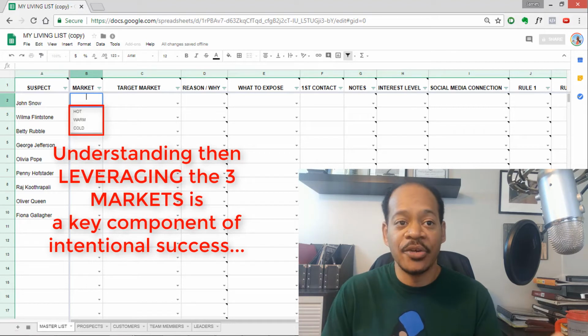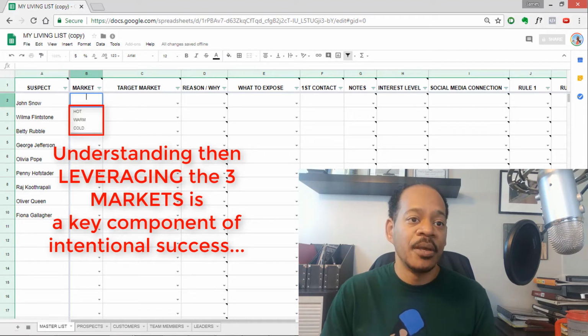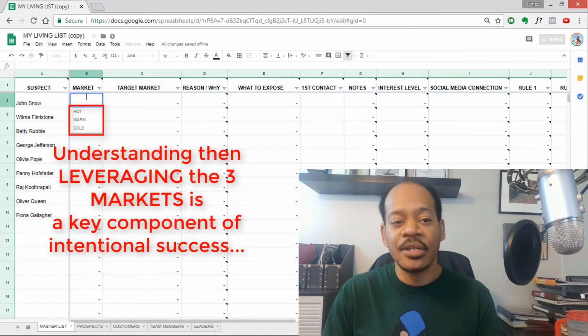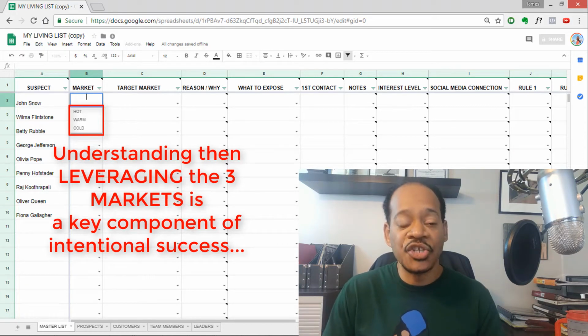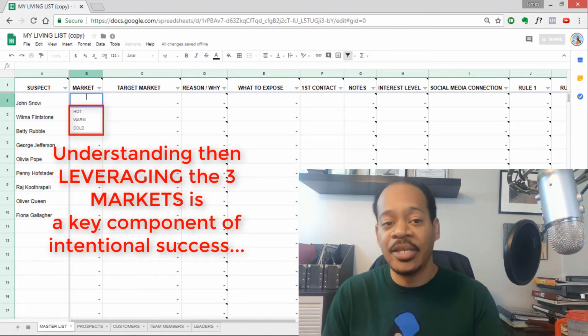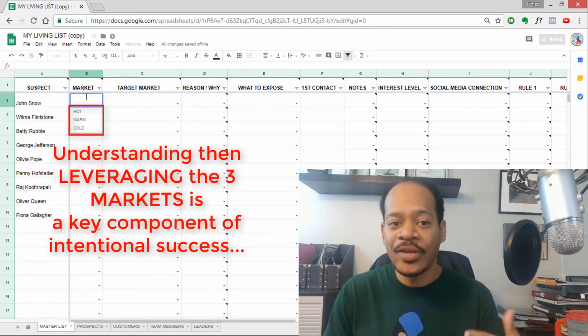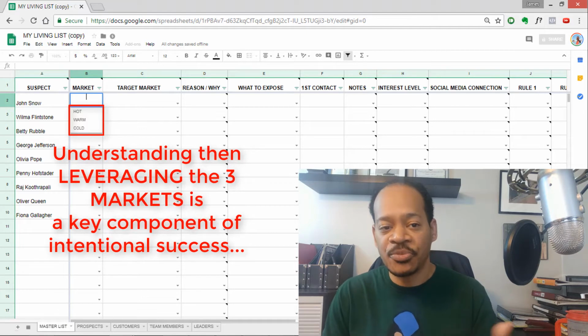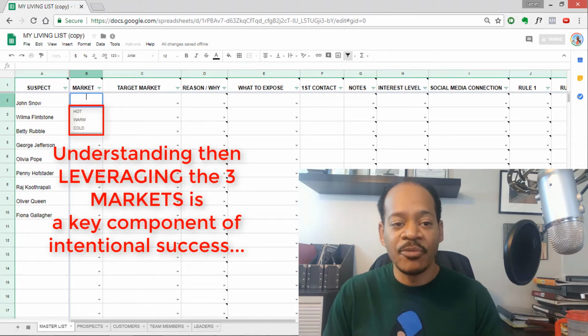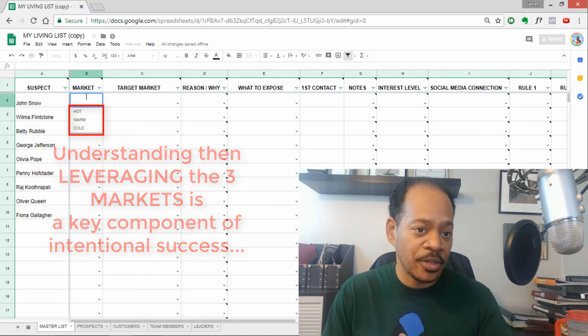Everything starts with understanding the three markets, because your ultimate goal is to learn how to heat up relationships quickly and easily so that your relationship is warm enough that talking about business or making a recommendation, suggestion, or even asking prospecting questions makes sense for you and is comfortable for both you and the person you're speaking with.